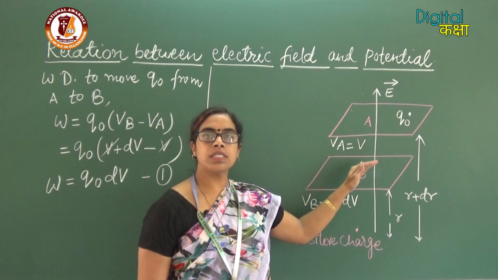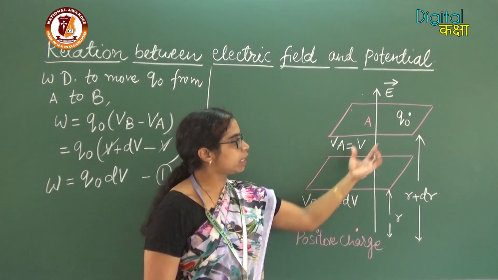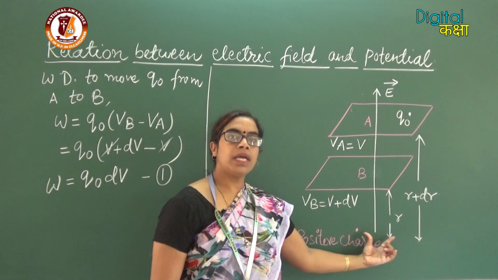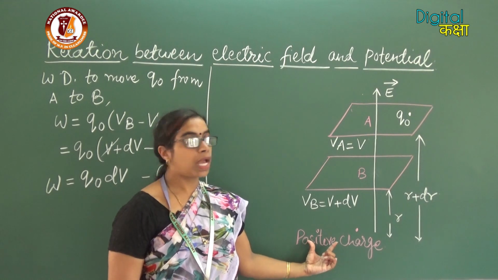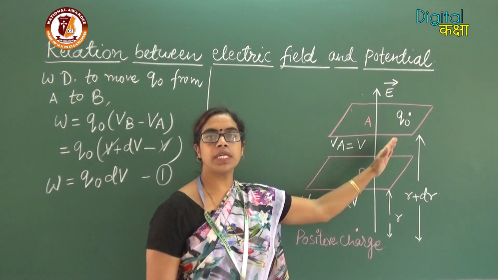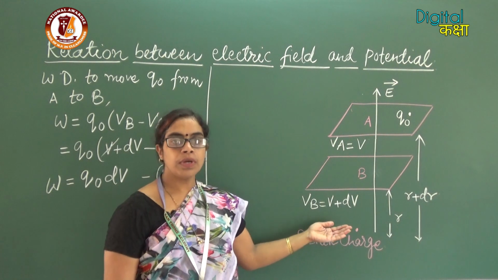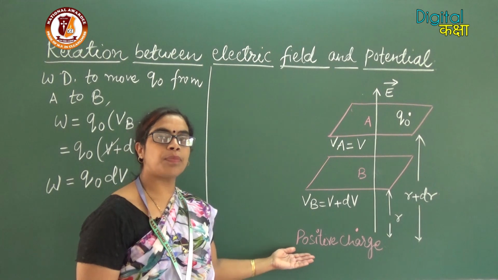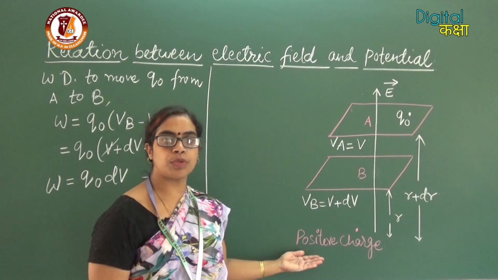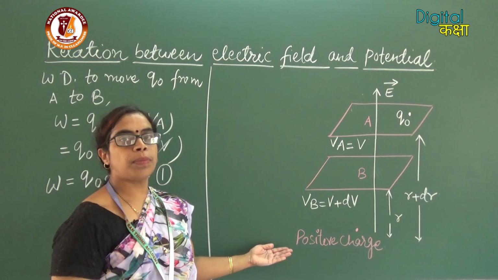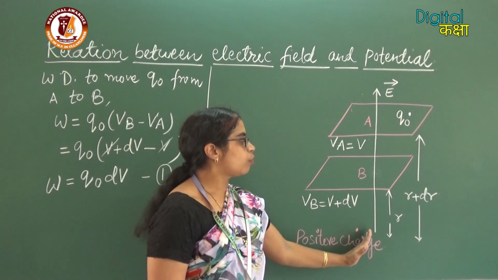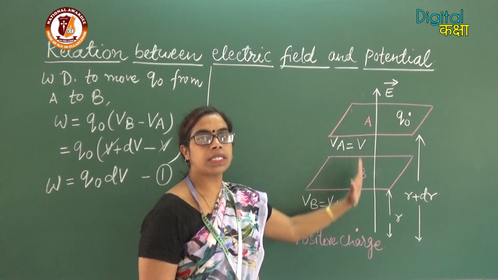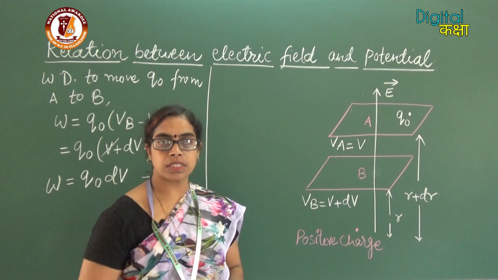But when this Q naught charge is being moved, it is being moved in the electric field region given by this charge distribution, and that too in its opposite direction. How? Let us understand. Since it is mentioned in the diagram that this is a positive charge distribution, according to the property of electric field lines, the electric field is always directed away from the positive charge.